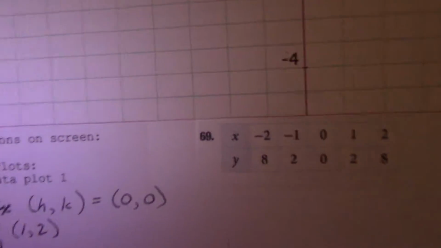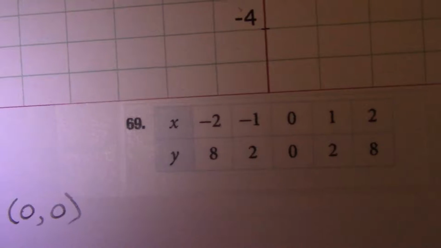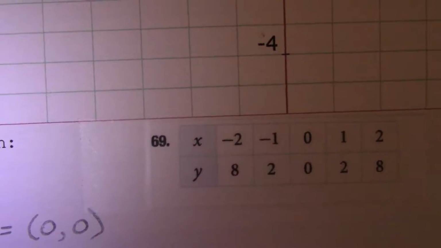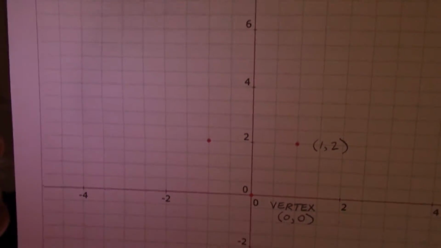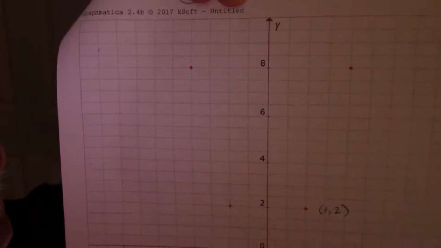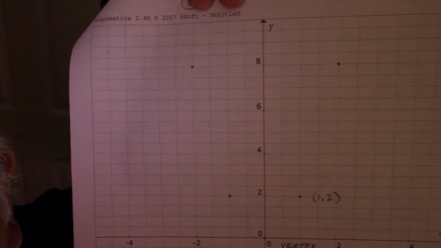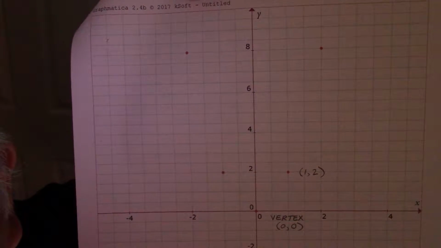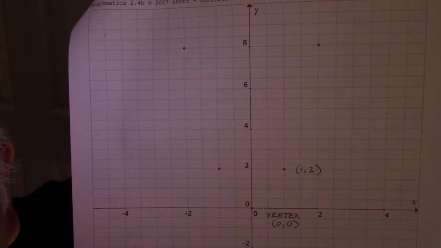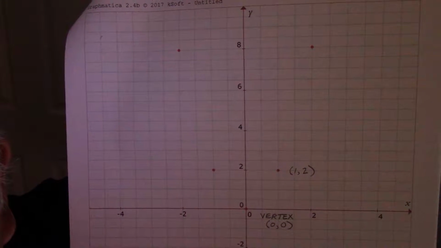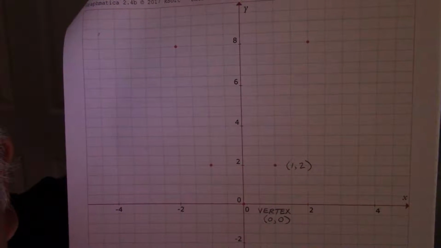Number 69. So here's our graph. Well, here's the points they gave us. And plotting those points, you get this. Let's see if I can get it all in there. You can see the vertex is 0, 0, and I picked 1, 2 as our point.